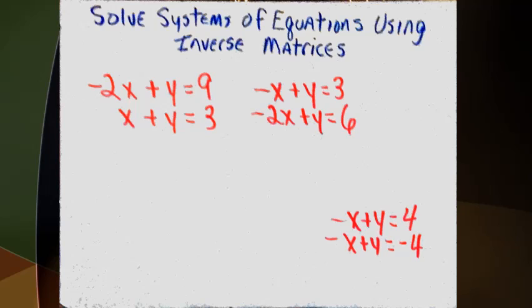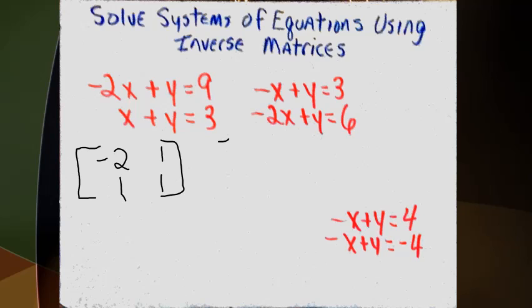So first, let's build a coefficient matrix. We've got minus 2, 1, for minus 2x plus 1y, and we've got 1 and 1, for x plus y.